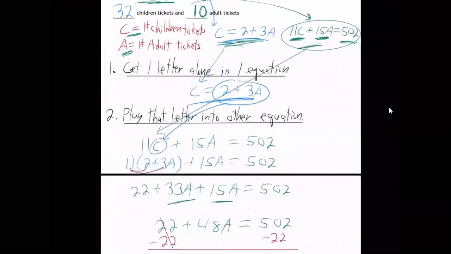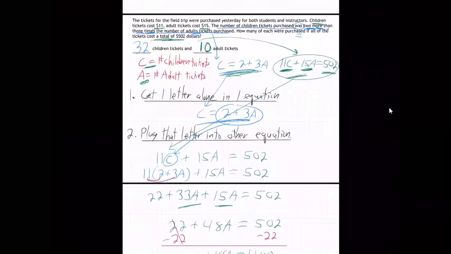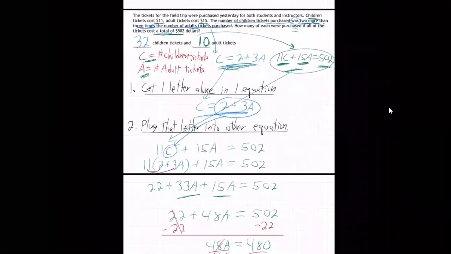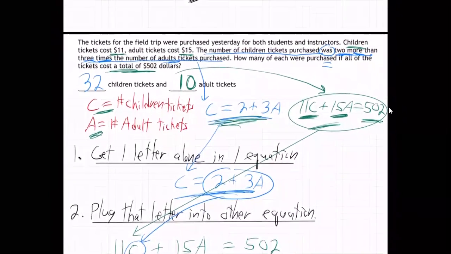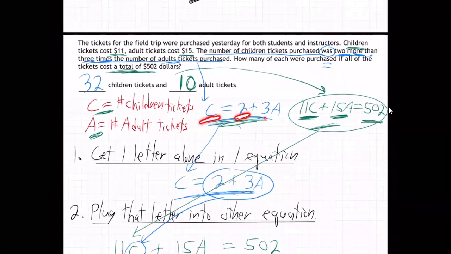There we go. So again, it's 2 letters with 2 equations. The first one says the number of children is 2 more than 3 times the adults. You got that one. The second one is about the money, the 502, which is $11 for the children's tickets and 15 for the adults, adds up to be 502.